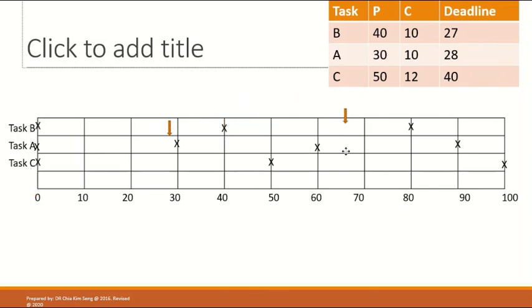Next we have task A. If we start with 0, 0 plus 20, it's around here as well. Next, from here 30 plus 28, so it's around here.